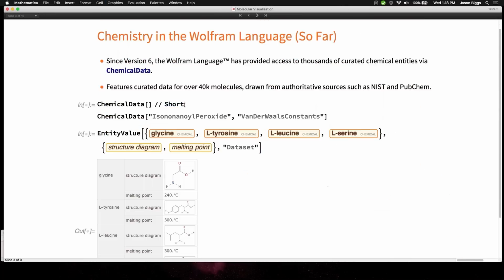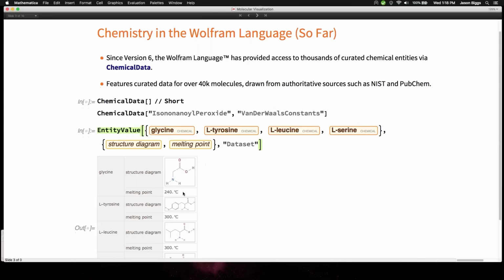Behind each of these yellow boxes there are properties, and you can ask for the structure diagram or the melting point. These are all what we like to call curated properties. These have been brought into the knowledge base from some external source. These are experimentally derived melting points, and so that is in the knowledge base.